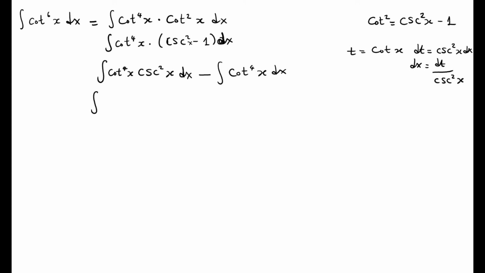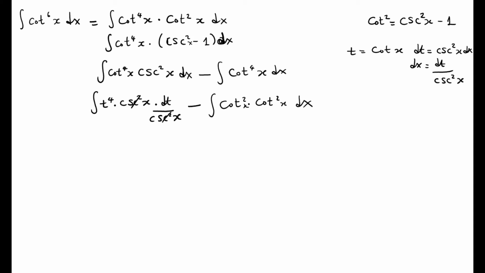So this will be the integral of t to the power 4 multiplied by cosec squared x multiplied by dt over cosec squared x. This minus, here we have the integral of cot squared times cot squared x dx. So this and this cancel out.